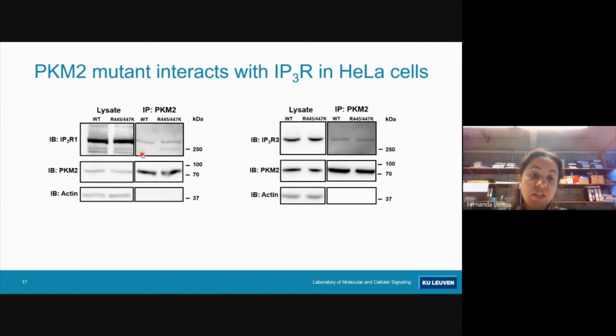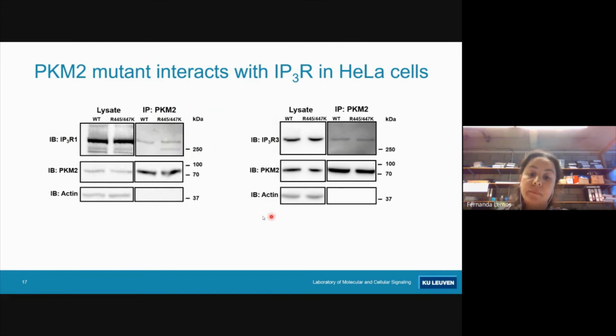We checked the interaction using the immunoprecipitation technique, and we didn't see any difference comparing the cells that were transfected with the wild type or the non-methylated version of PKM2.